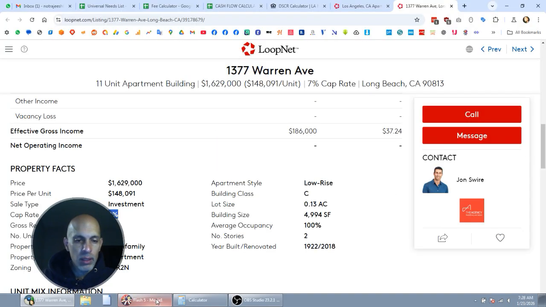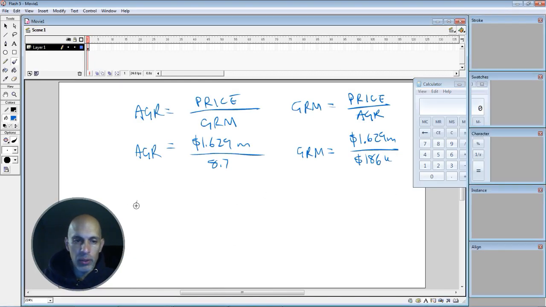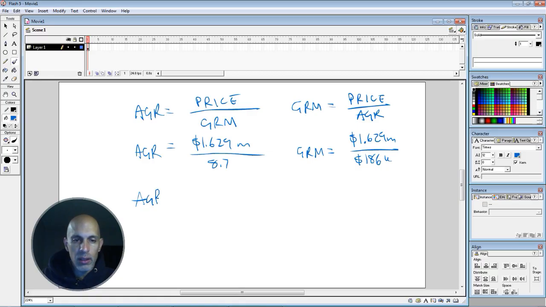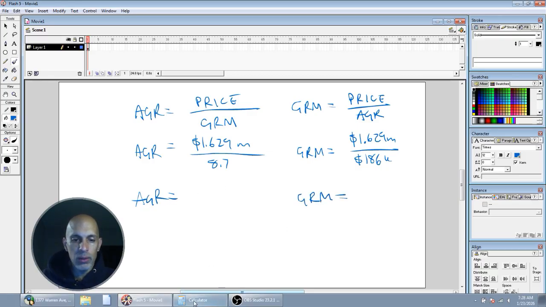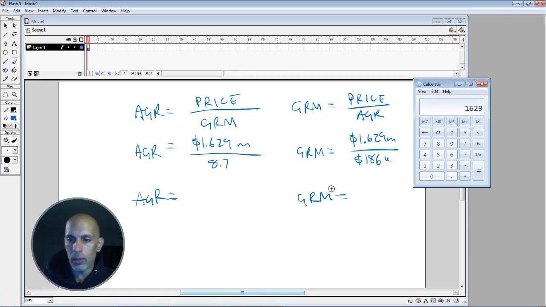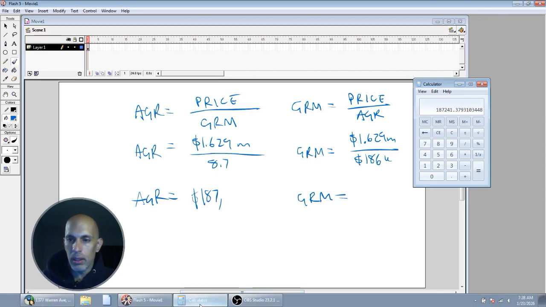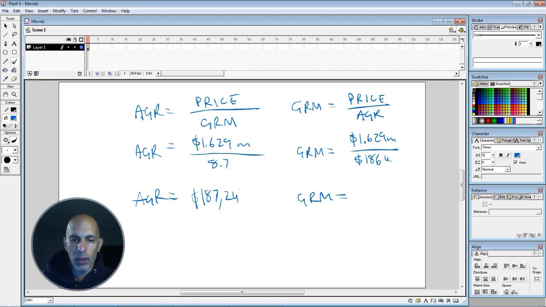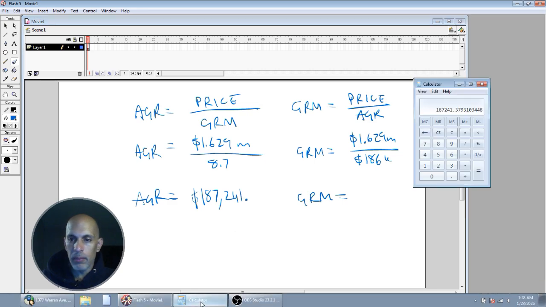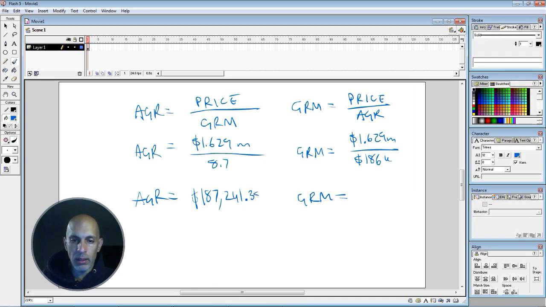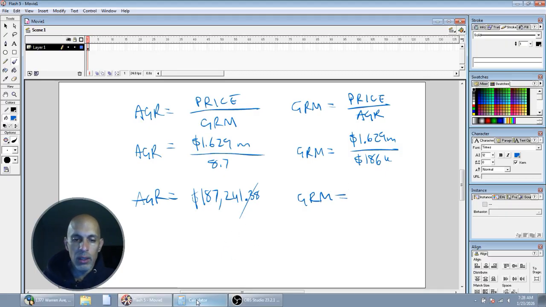Yep. So let's see what these add up to. AGR is equal to 1,629,123 divided by 8.7. We're getting 187,241 and 38 cents. We can just leave that at 187,241.